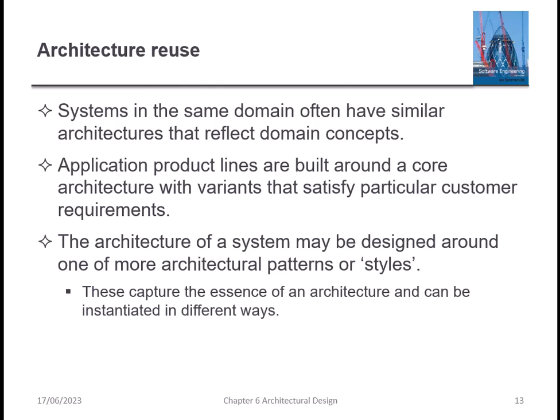Application product lines are built around a core architecture with variants that satisfy a particular customer. The architecture of the system may be designed around one or more architecture patterns. So this means many similar types of software can have one common architecture, or it is also possible that one system can have many possible architectures.